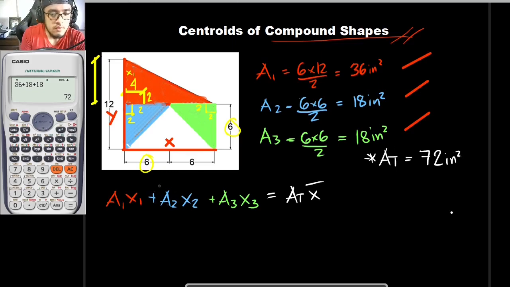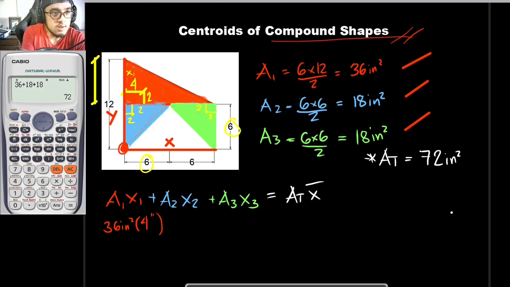Okay, so for area 1, that is 36 inches squared times x1. What would be the value of x1? The value of x1 would be the distance from this axis right here to the centroid along the x-axis. So that is 4 inches.